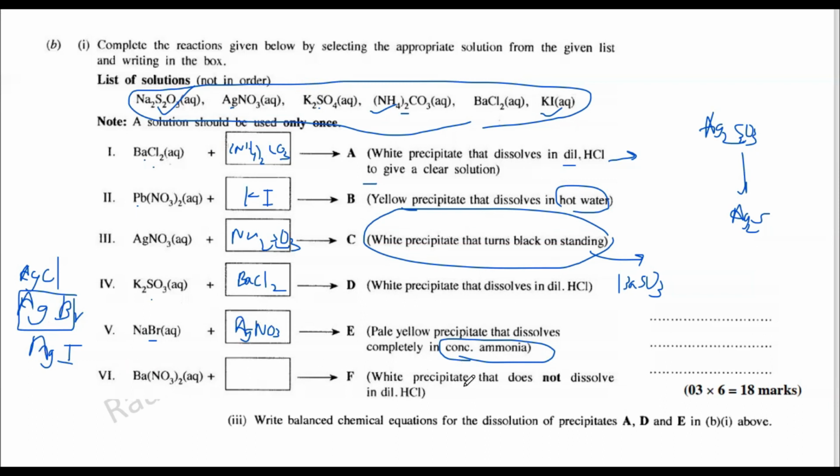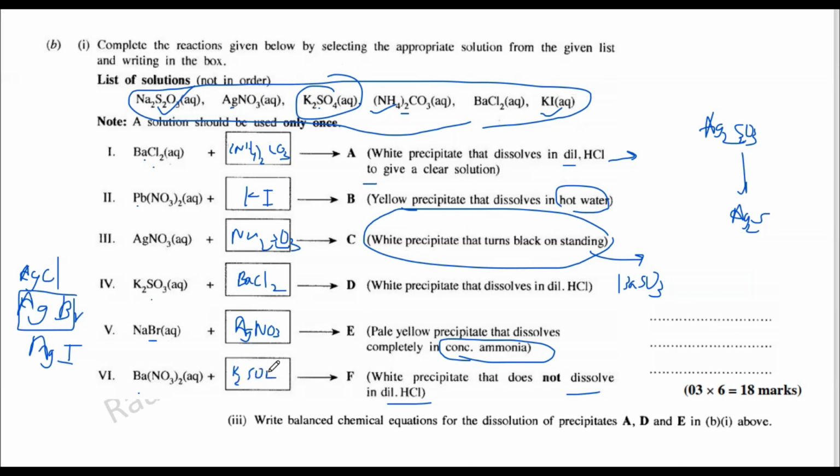And barium nitrate, white precipitate that does not dissolve in diluted HCl. It doesn't dissolve, meaning it should be either a compound of barium sulfate or AgCl. There is no AgCl that can form from here. The only compound remaining is K2SO4, because all other boxes are completed.